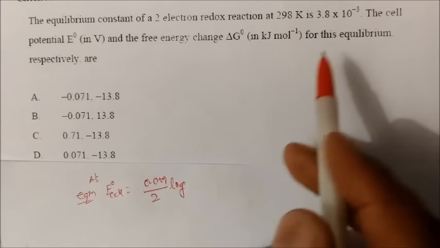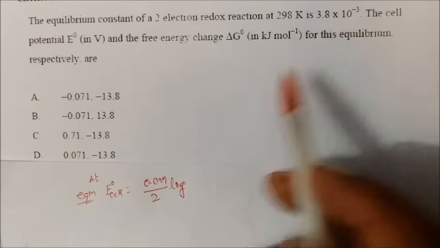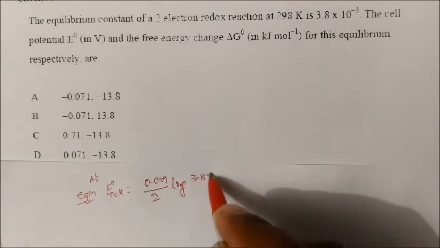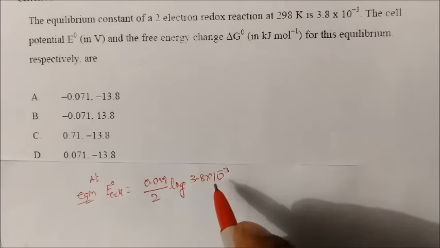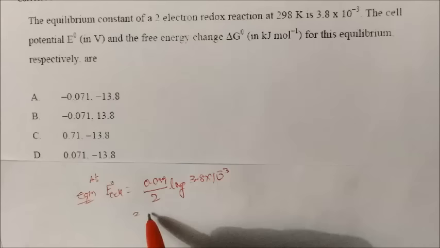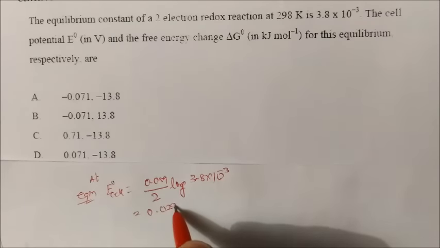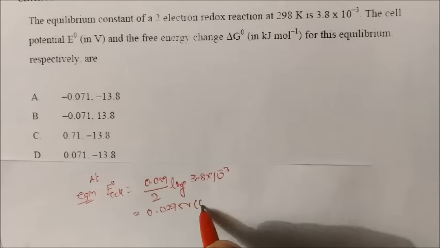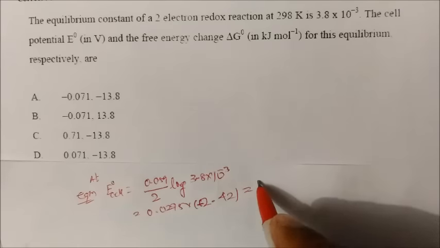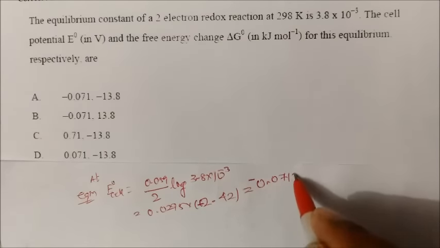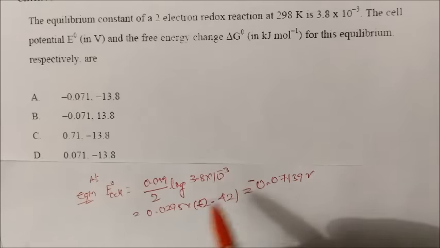Kc is given as 3.8 into 10 to the power minus 5. This is the formula from electrochemistry. On solving, you will get 0.0295 into the log value, which is negative, 2.42, so the value is 0 minus that, which gives 0.7139 volt. So we got one answer.